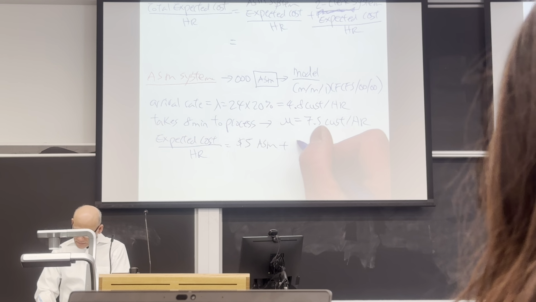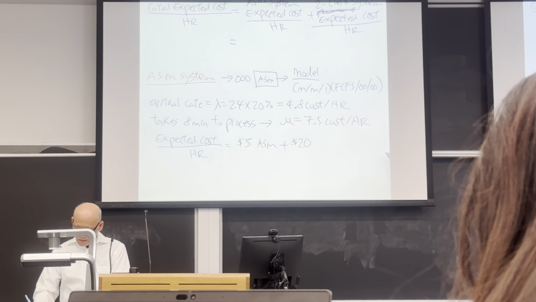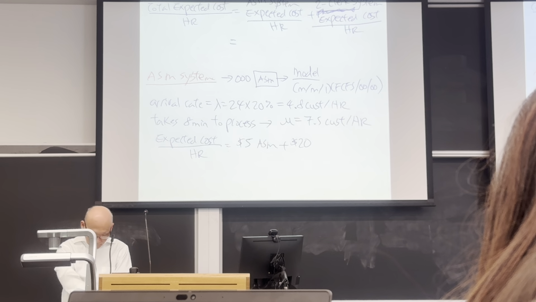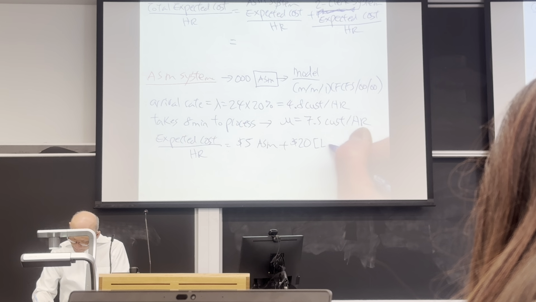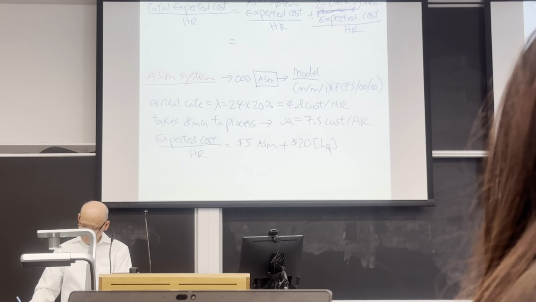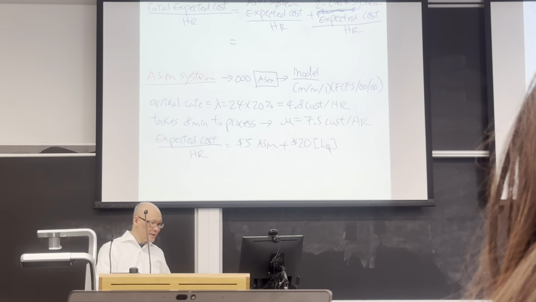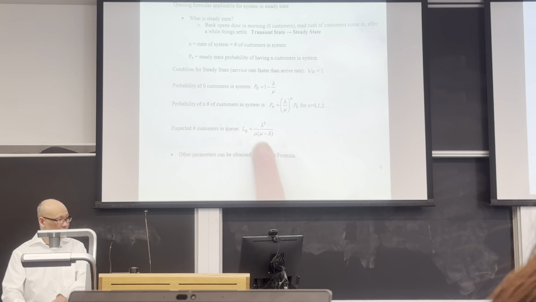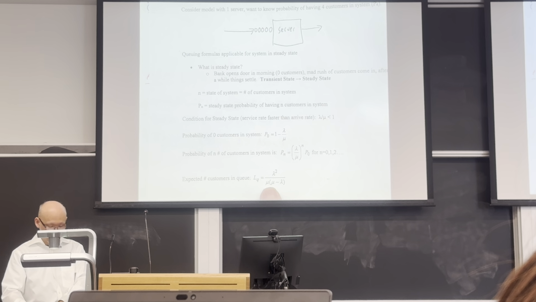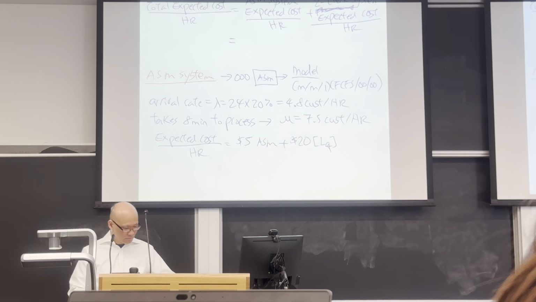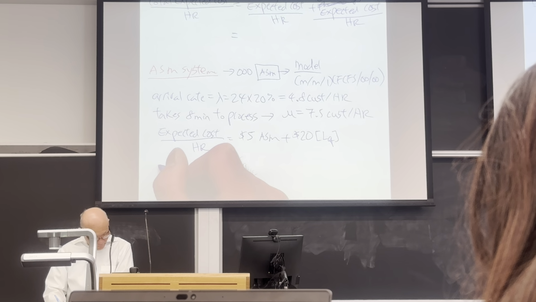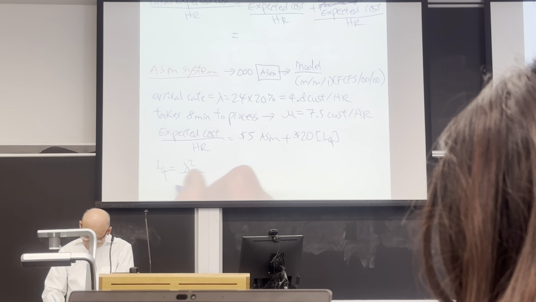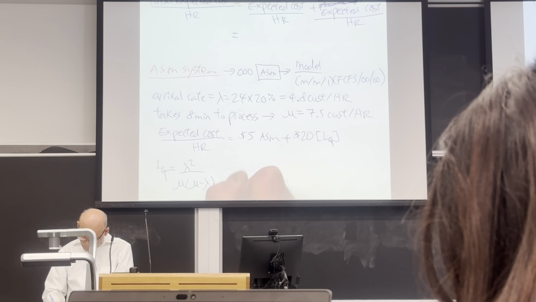And once again, customers waiting in line is $20. And then how many customers in line? That's LQ, right? Because it's the simple model, the LQ is easy to calculate, given over here, the single server model LQ formula. So LQ is lambda squared over mu times (mu minus lambda).